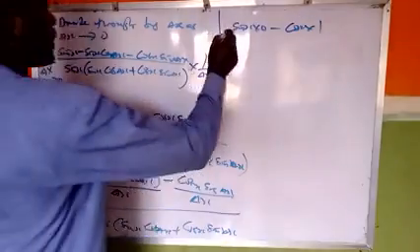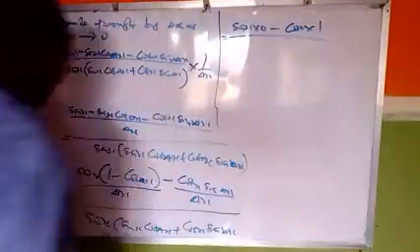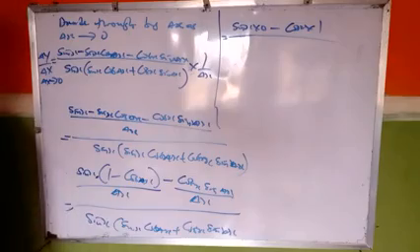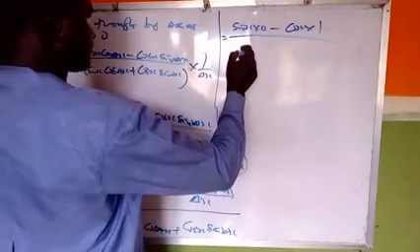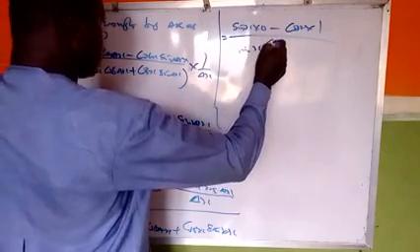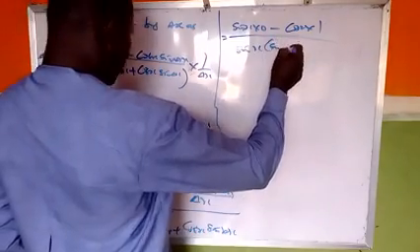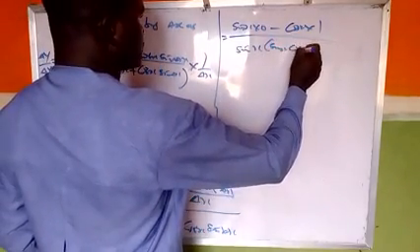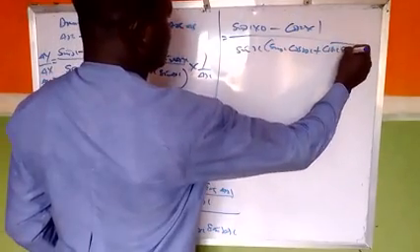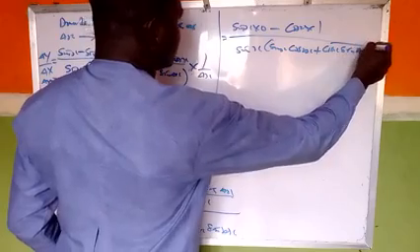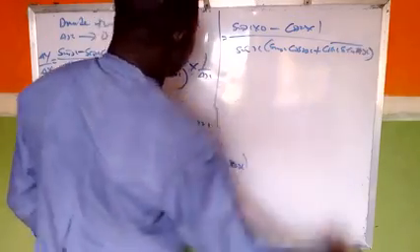We have applied the limit. Here you will have sine x into brackets, sine x cos change in x plus cos x sine change in x, into brackets.